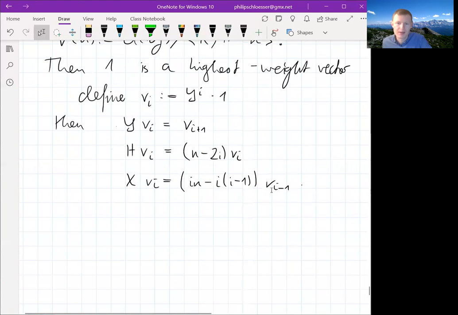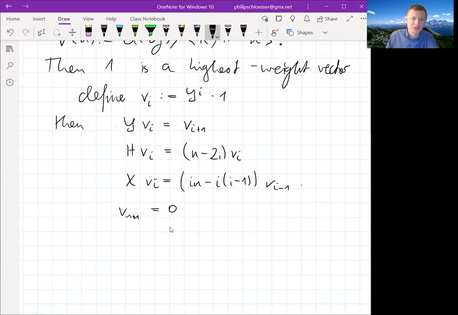Okay, I don't know. Important takeaway, I guess, is that V_{n+1} is equal to 0. I forgot how to prove this.